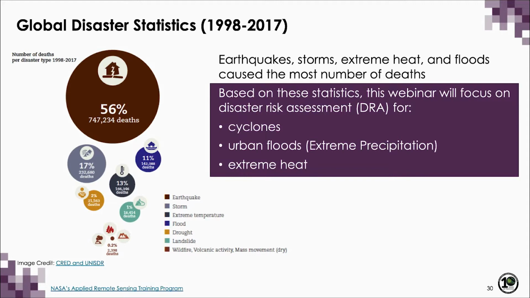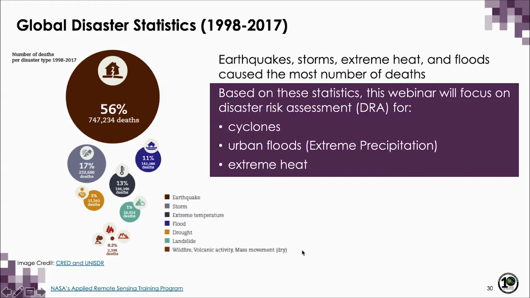In number of deaths between 1908 and 2017, earthquakes seem to be the disaster where a lot of deaths occur, partially because it occurs suddenly and there is maybe no time to respond. Next are storms, and then extreme temperatures and floods. So again, it appears that storms, floods, and temperatures, these weather phenomena, affect a lot of people.